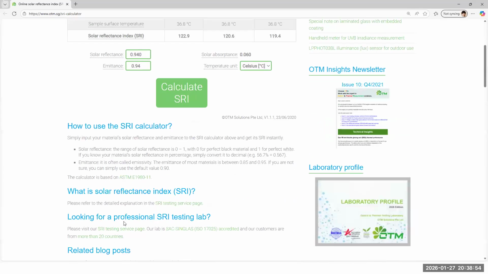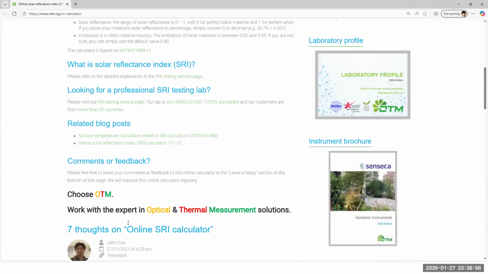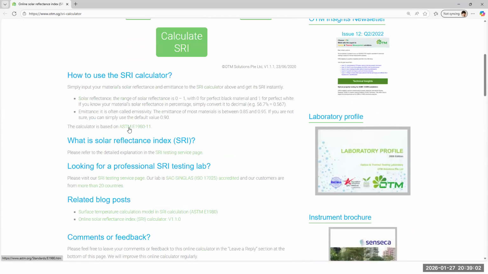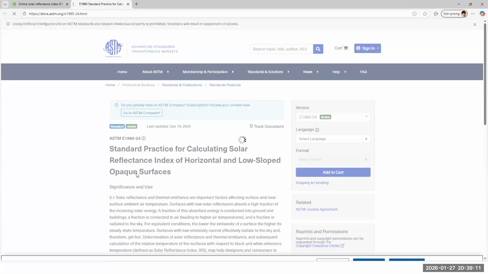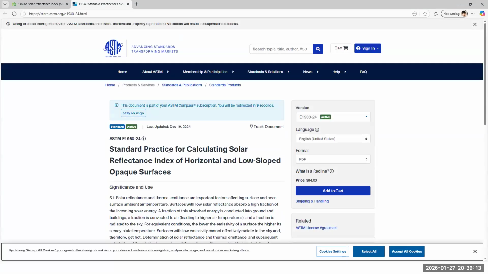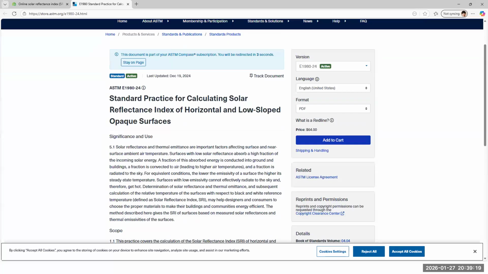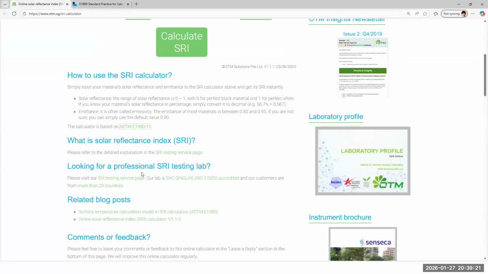However, this calculation is based on the ASTM standard practice for calculating solar reflect index of horizontal and low sloped opaque surfaces. This is following that one.